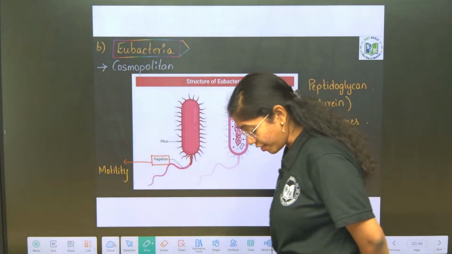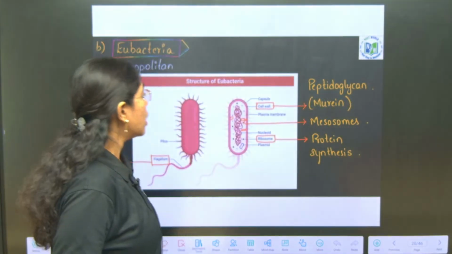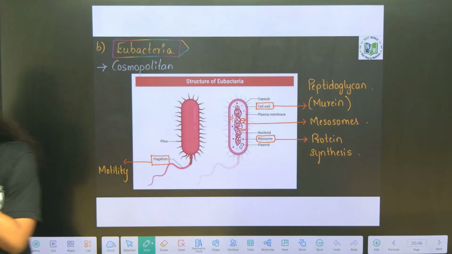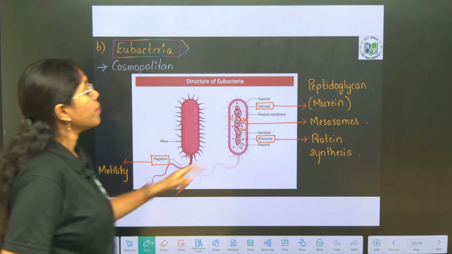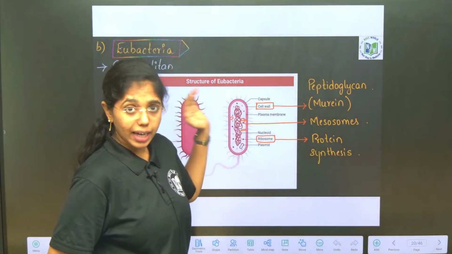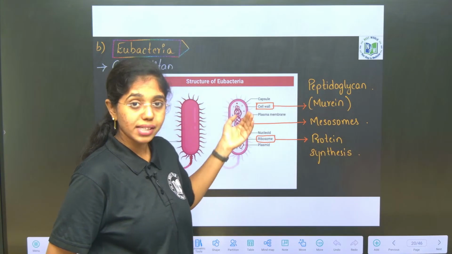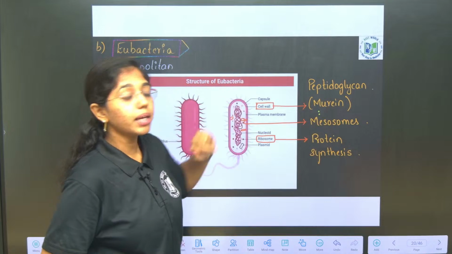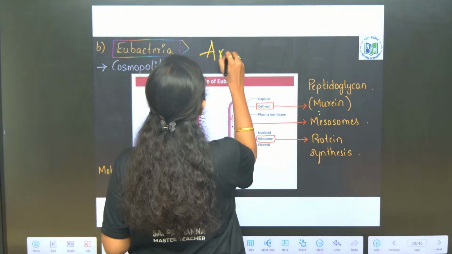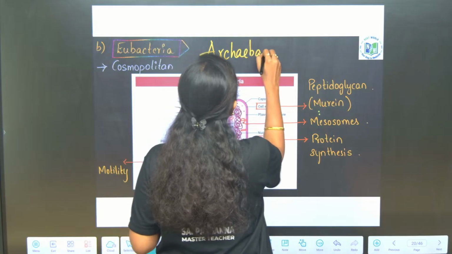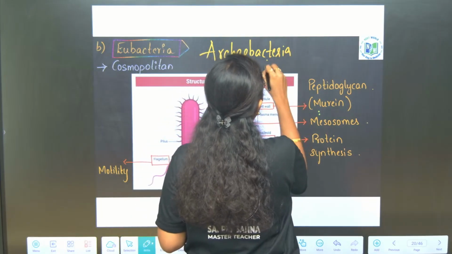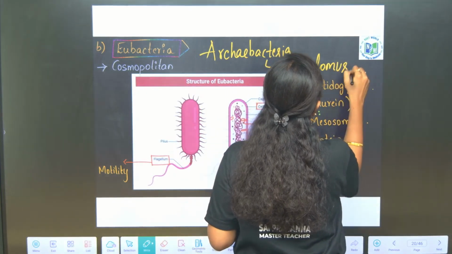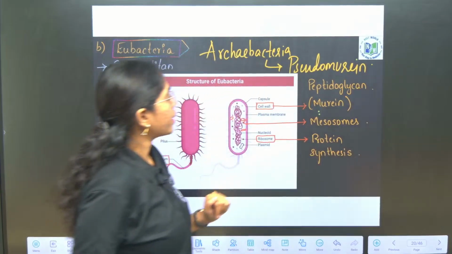Here you see Eubacteria. Eubacteria are present everywhere. They are cosmopolitan in distribution. We have discussed the cell envelope. It has glycocalyx, which can be a capsule or slime layer. Next is the cell wall, which is made up of peptidoglycan, that is murein. In Archaebacteria it is pseudomurein.